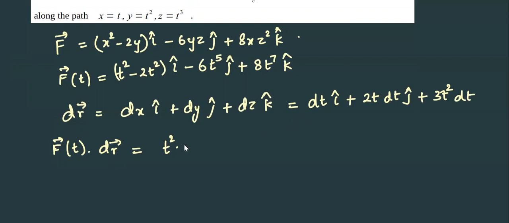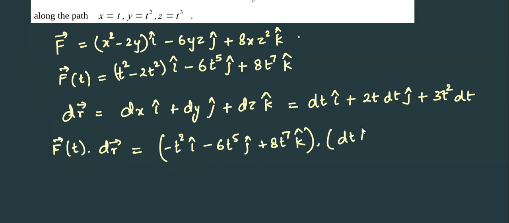So this is f: t square minus 2t square is minus t square times i, plus, sorry, minus 6 t power 5 j plus 8 t power 7 k, dot dt.